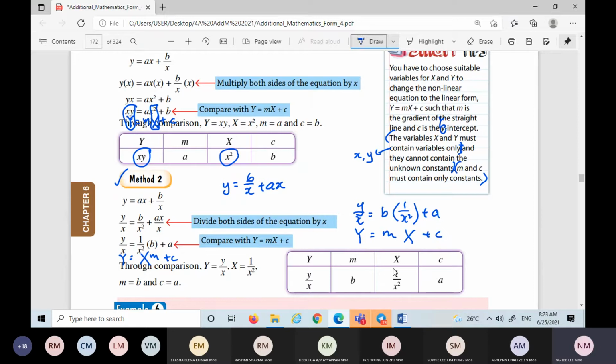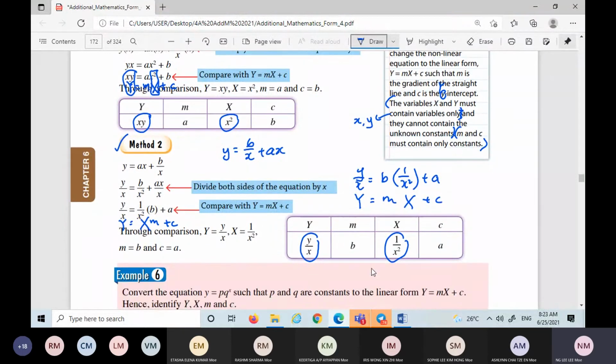So when you plot the graph by using Y over X as your capital letter Y axis, 1 over X squared as your capital letter X axis, then you will get a straight line, where the gradient is B and the y-intercept of the graph is A. Because the question can continue and ask you what is the A and the B. So this is the first example.